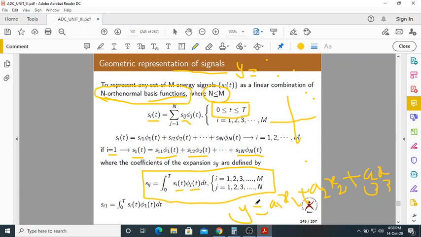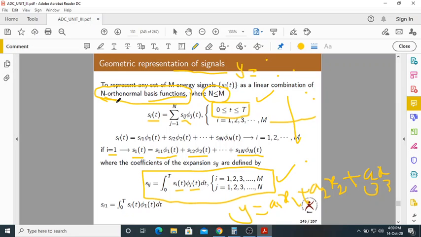So you try to understand this very, very carefully. These two equations are very, very important. You must remember these two equations compulsorily. No need to remember, just remember the basic definition. We want to represent M number of energy signals as a linear combination of N number of basis functions.